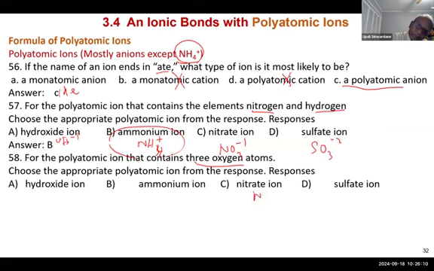Nitrite is not NO3. Ammonium ion is NH4 plus, hydroxide ion is OH minus 1. Sulfate ion is SO4 2 minus.